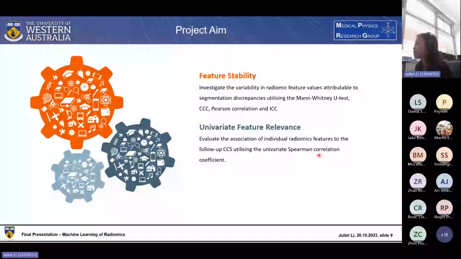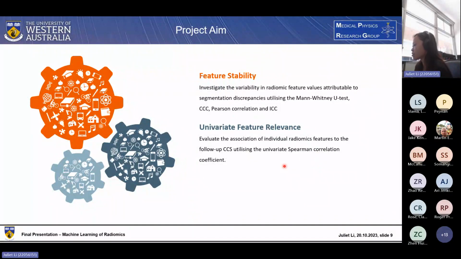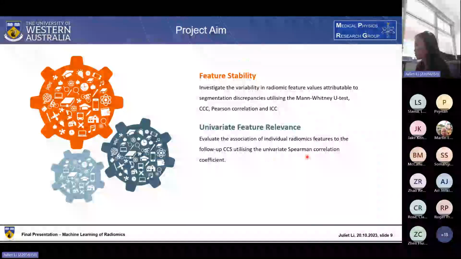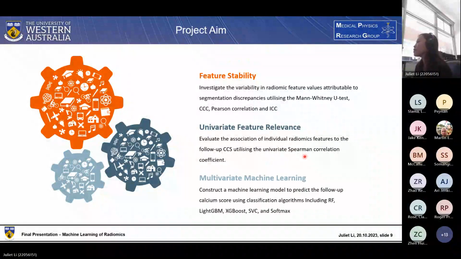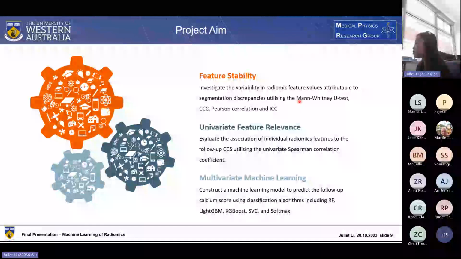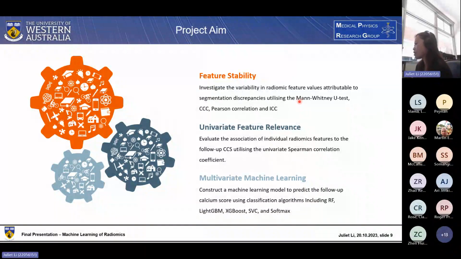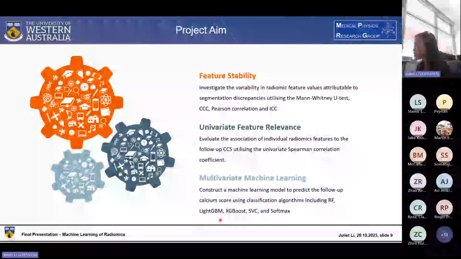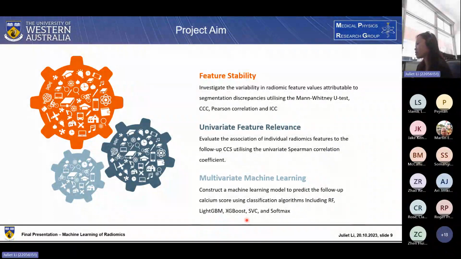We also would like to investigate the individual radiomics features' association to follow-up calcium score using a univariate Spearman correlation coefficient. We are also going to construct multivariate machine learning models to predict the follow-up calcium score using classification algorithms, for example, random forest, gradient boosting machines, support vector machines, and logistic regression.